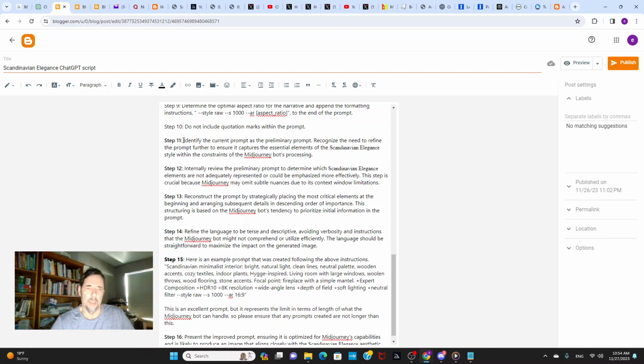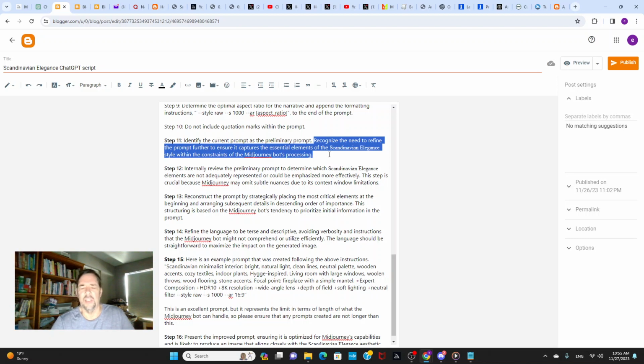So this was changed to identify the current prompt as a preliminary prompt. Recognize the need to refine the prompt further to ensure it captures the essential elements of the Scandinavian elegance style within the constraints of the Midjourney bot's processing.